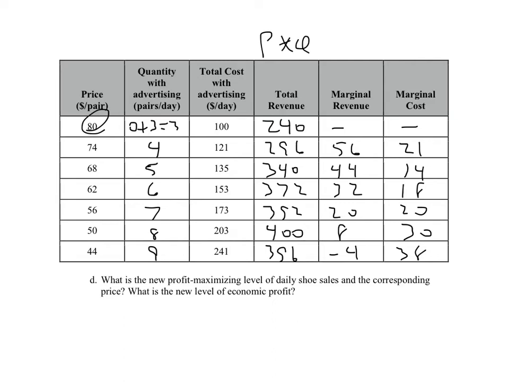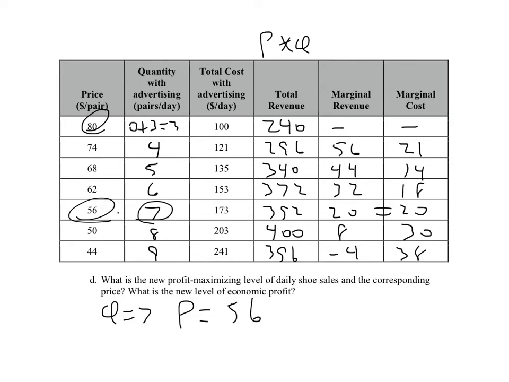And so using our new demand and our new cost numbers, we find that the profit maximizing level of daily sales, where marginal revenue equals marginal cost, is at a quantity of 7. And we're going to charge a price of 56. Again, that comes from the demand curve.